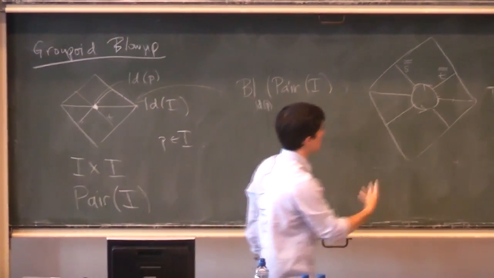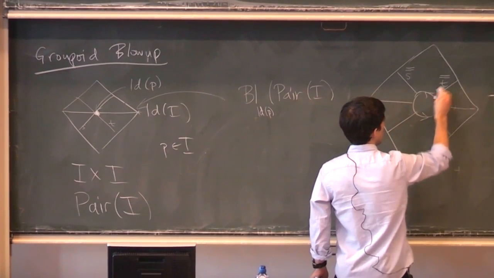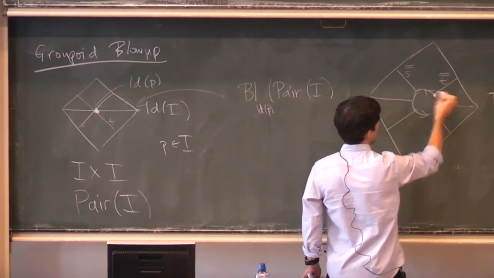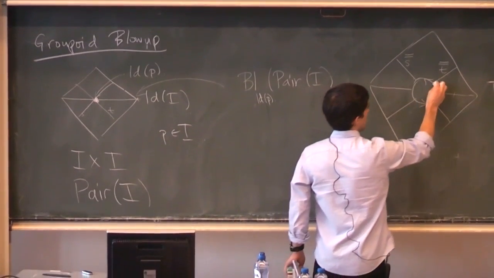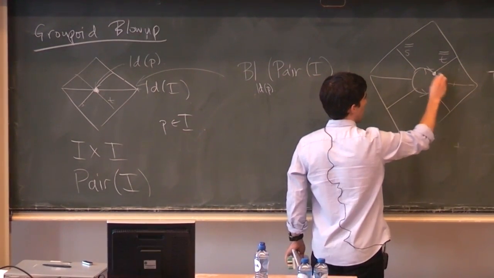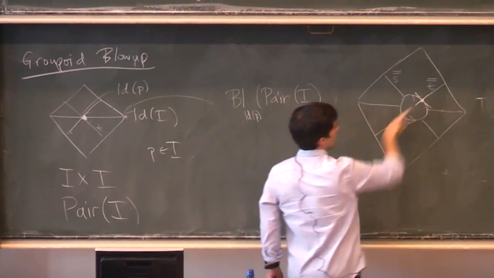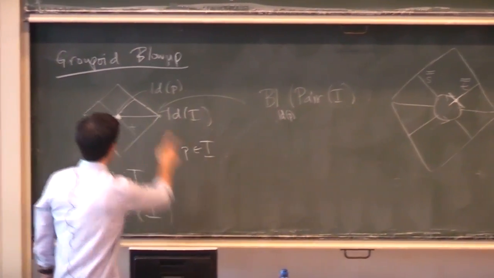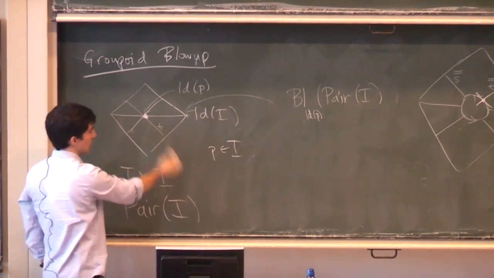Now the first problem that you realize is that if you pick a point which is at the intersection of one of these source or target fibers with the exceptional divisor, then there are basically two directions in the tangent space. This direction is tangent to the target fiber, and so it'll be killed by the derivative of the target map down to the base.